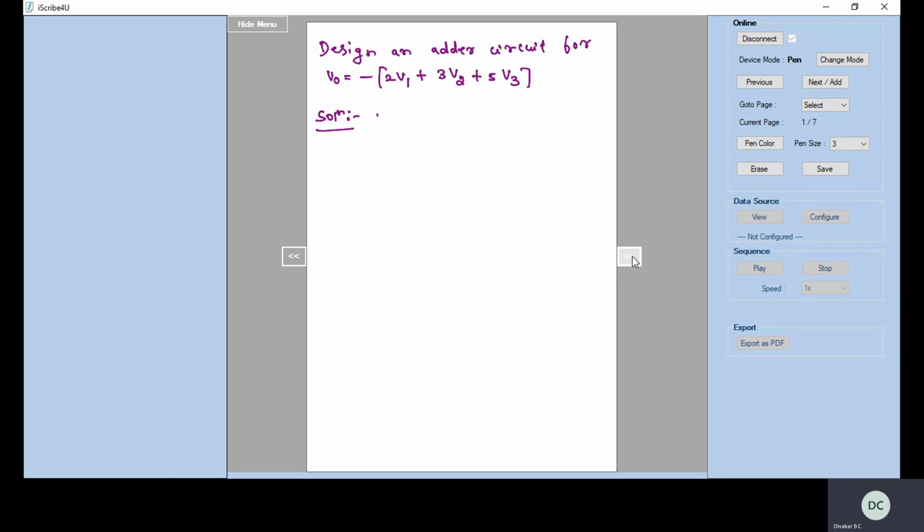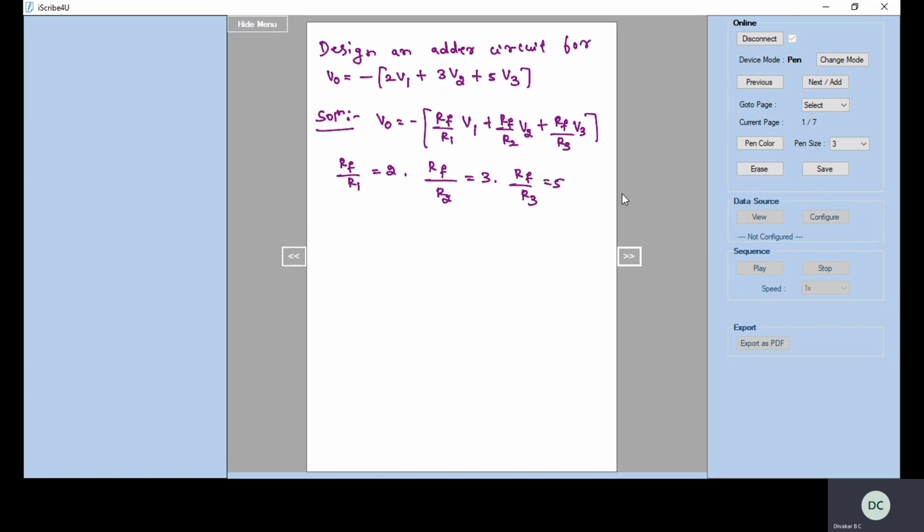Comparing with V0 is equal to minus of Rf by R1 into V1 plus Rf by R2 into V2 plus Rf by R3 into V3, that is Rf by R1 is equal to 2, Rf by R2 is equal to 3, and Rf by R3 is equal to 5.